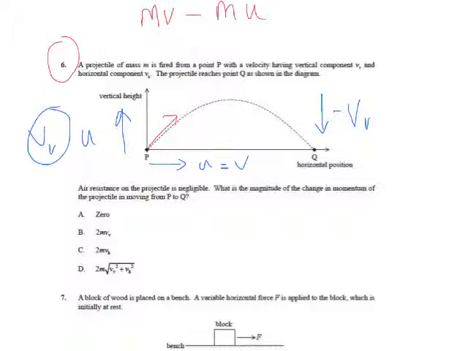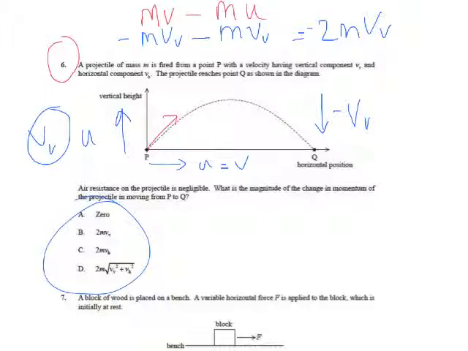We can use minus or plus convention initially. I'm going to start with plus. So our final velocity is minus m times vertical velocity, minus the initial, which is v, positive. So this gives us 2mv. It gives you a minus value, but none of these are minuses, so they must have used the opposite sign convention, using this as minus and this as plus. And the answer is B.